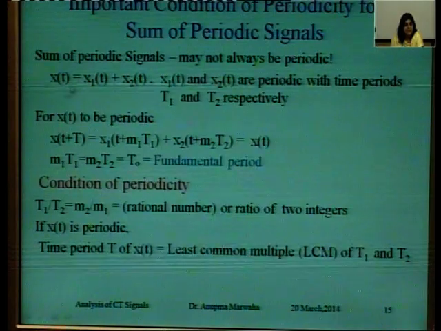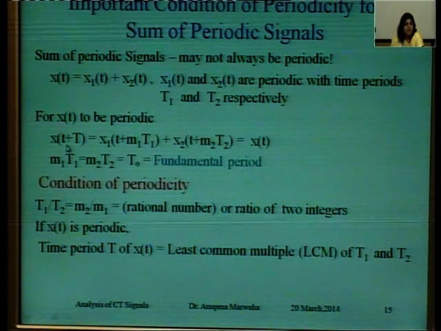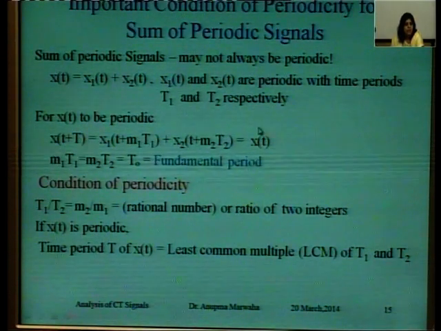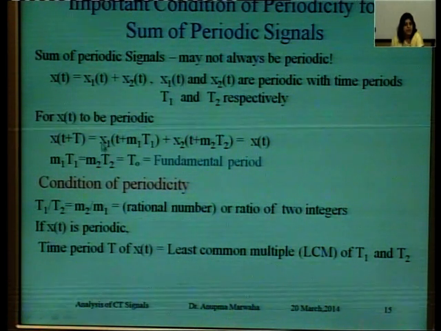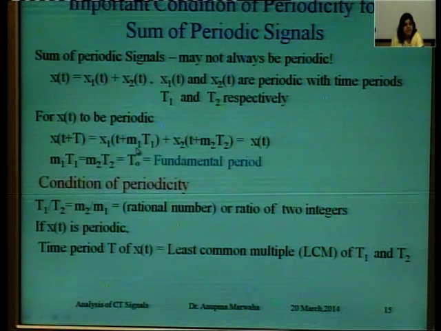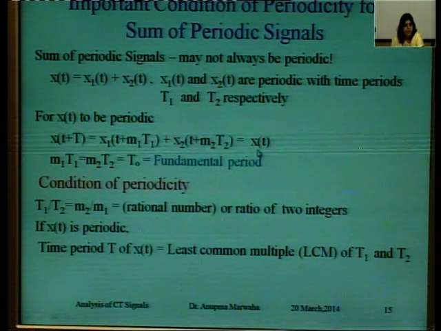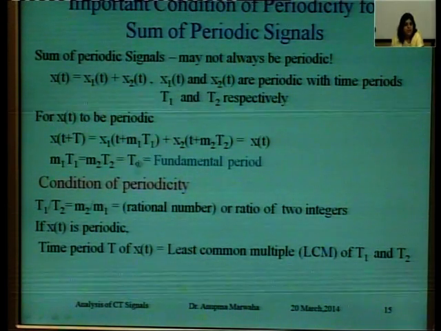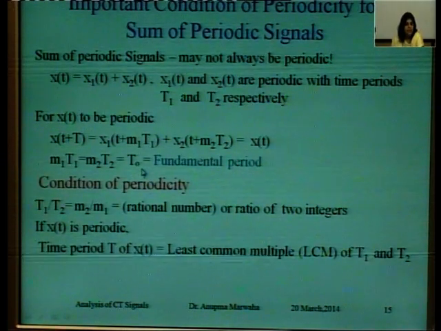If we want x(t) to be periodic, let capital T be the time period of that signal. Then for this signal to be periodic, x(t plus T) should be equal to x(t). If we substitute t plus T in this expression, it will be x1(t plus m1 t1) plus x2(t plus m2 t2). If we want it to be equal to x(t), that means m1 t1 should be equal to m2 t2, and let it be equal to t naught, some fundamental period.